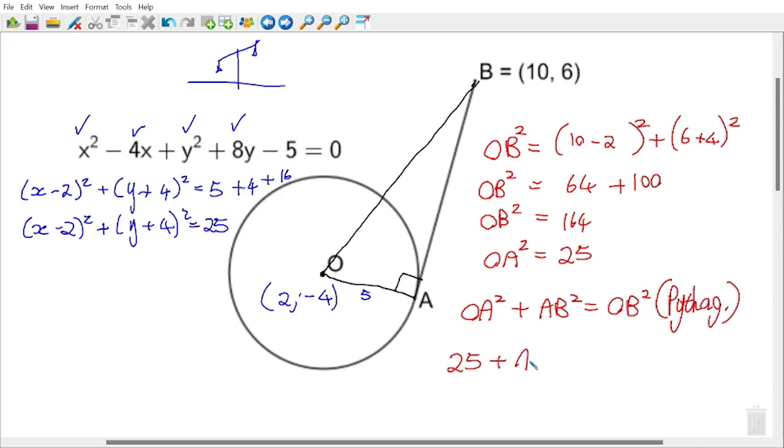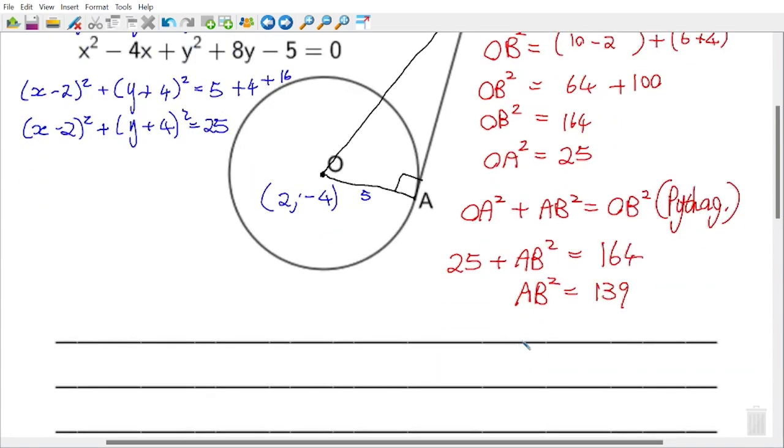I don't know what AB squared is. I'm trying to find AB. And I know that OB squared is 164. So if I subtract 25 from both sides, I get 139. So AB squared is 139. And then the last thing I need to do is just square root both sides. And I get that AB is equal to the square root of 139. And that is about 11,8 units.